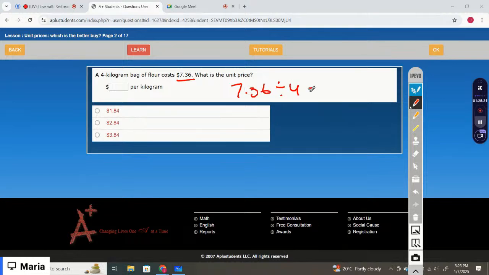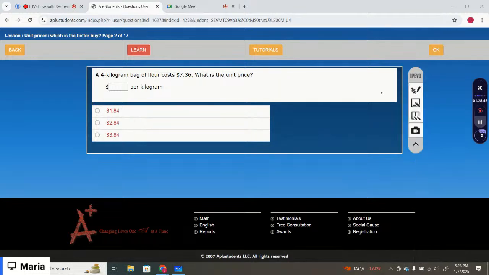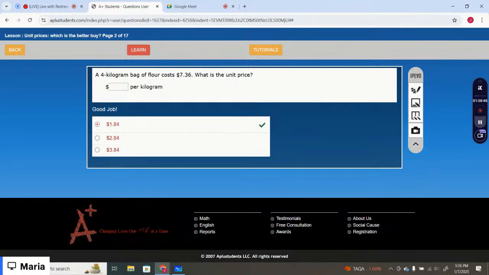So 7.36 divided by 4 is $1.84. Option number 1 is the correct option.